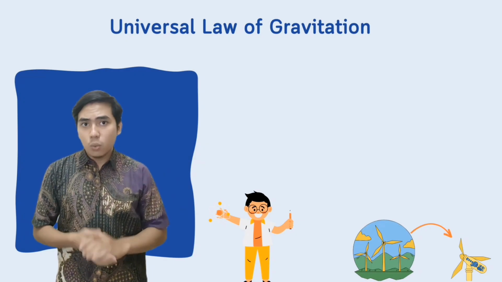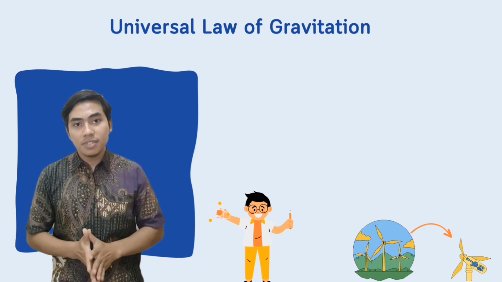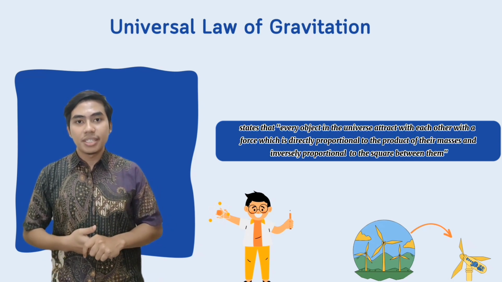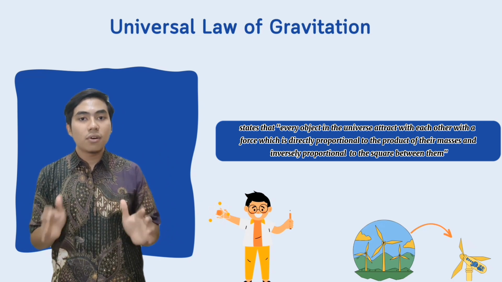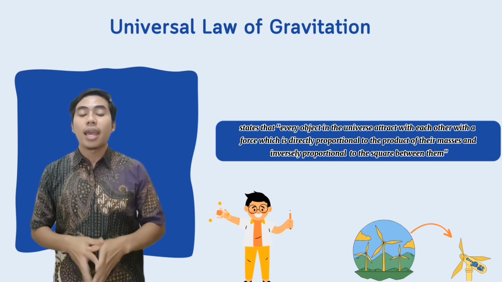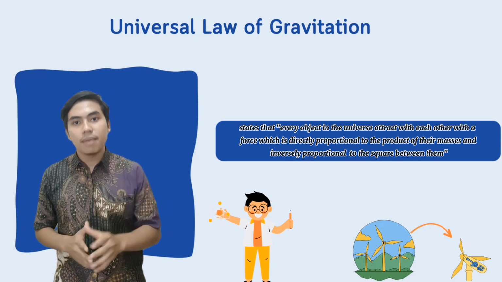To understand this, we need to understand a simple concept, and this simple concept is called the universal law of gravitation. According to Newton's universal law of gravitation, every object in the universe attracts every other object with a force that is directly proportional to the product of their masses and inversely proportional to the square of the distance between them.